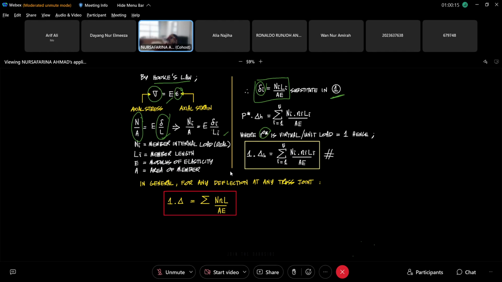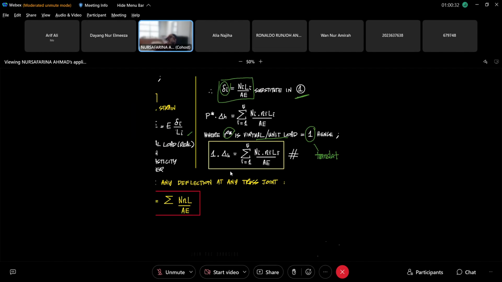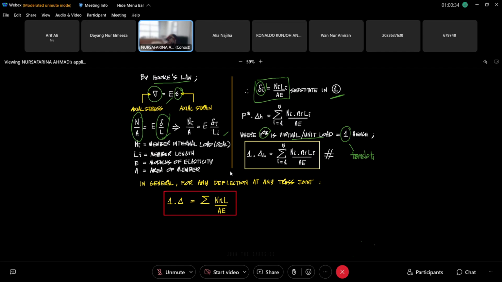P here is a virtual load equal to 1. Virtual load can be due to translation and rotation.